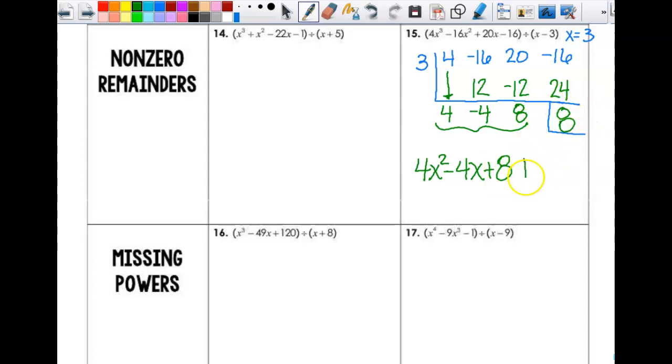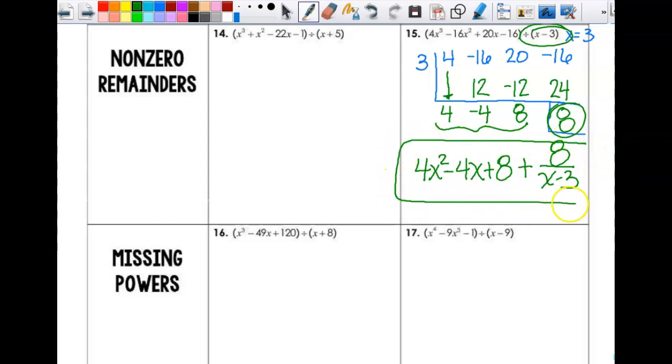So I always add my remainder. The numerator is going to be whatever's in here. The denominator is not 3. The denominator is this right here, that x minus 3, whatever I was actually dividing by. And so this is my answer.